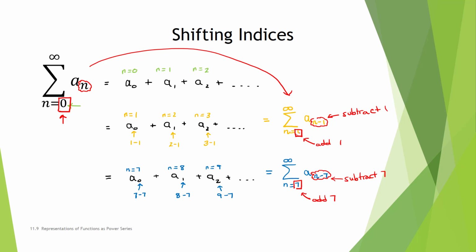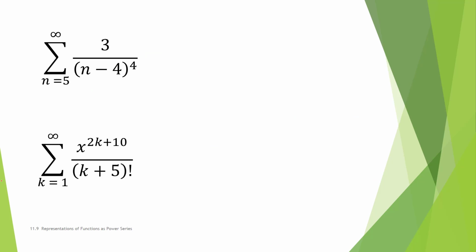Let's look at a couple specific examples. So the first one, I have the sum from n equals 5 to infinity of the term 3 divided by n minus 4 to the 4th power. I'm going to change this, and I'm also going to let you know some of the motivation about why I might change it. I wish that this didn't say n minus 4. I wish that this said n.